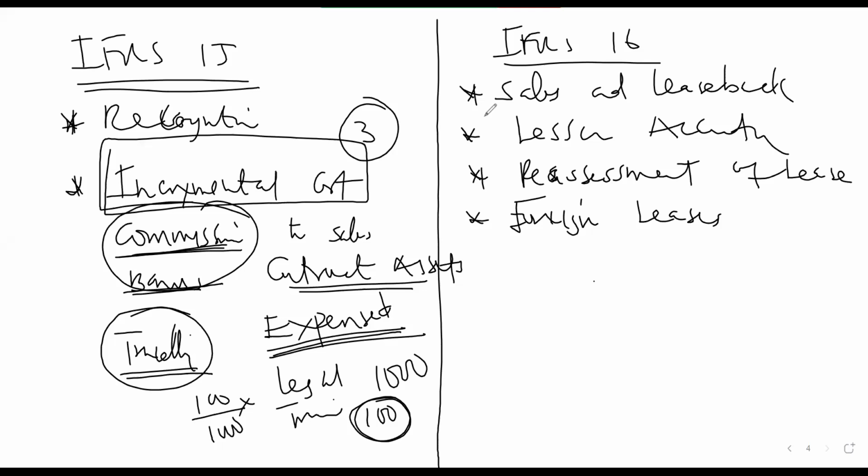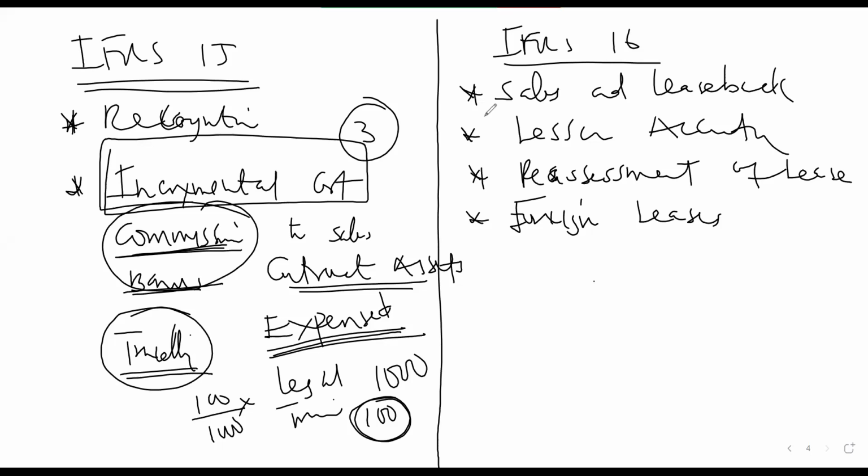At the end of every year, you have to remeasure your liability. By the date of the transaction, you find the present value and you translate the present value using the spot rate at the date of the transaction. But what happens is that at the end of every year, you take your lease liability in the foreign currency and remeasure it at the reporting date.